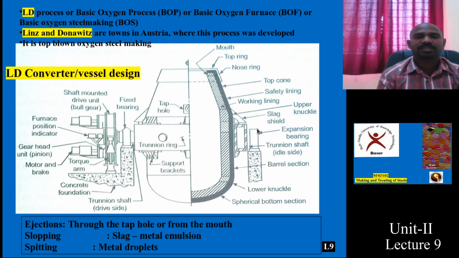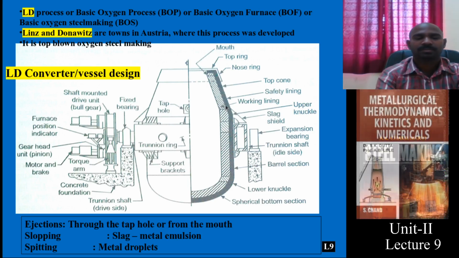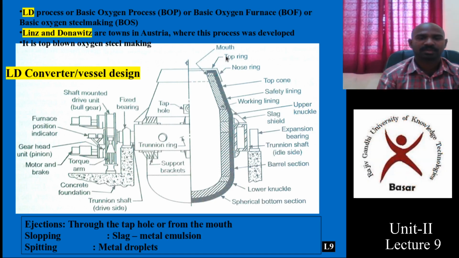And the broad classification of this design: this top part is called the top cone shape, this is called the nose, this is the mouth, and this is a cover, a kind of top ring closing this vessel.